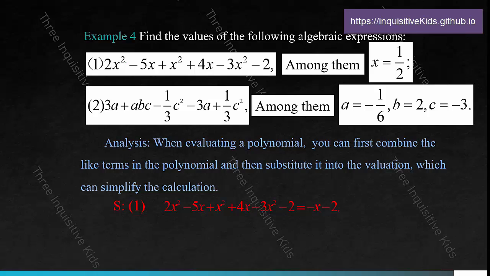But if we add them together, they cancel out. We don't have to care about that anymore. And then there's negative 5x and positive 4x. That gives us negative x and then minus 2. Then we substitute this right in when it's simplified. And then the answer would be negative 5 over 2.